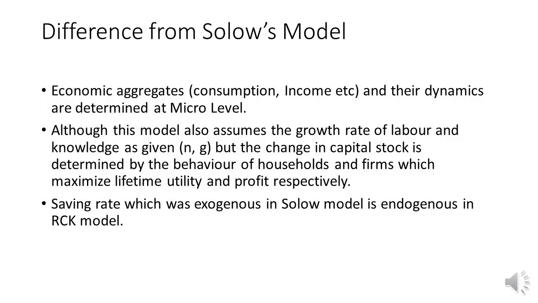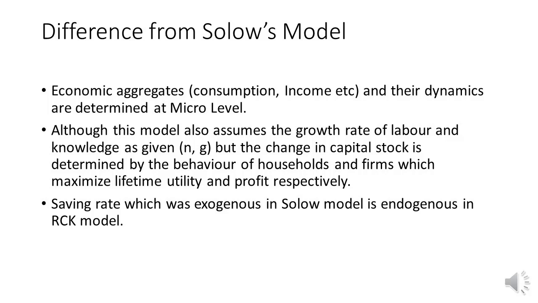The second difference is, although this model assumes growth of labor and knowledge as given, as N and G, the change in capital stock is determined by the behavior of households and firms, which maximize their lifetime utility and profit respectively.